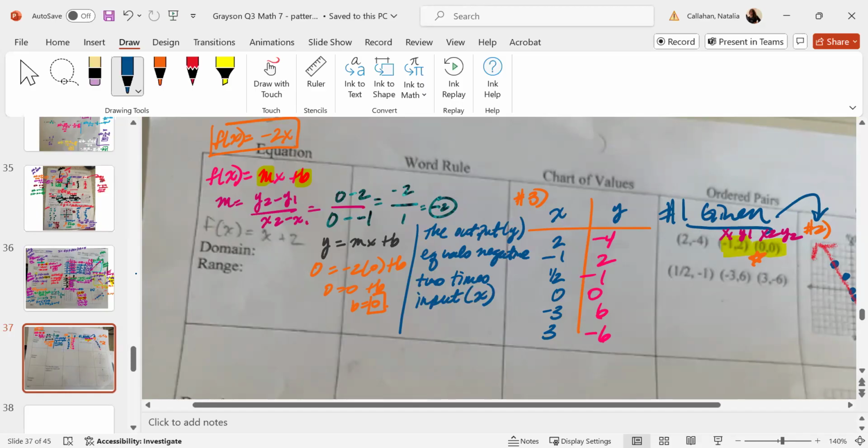Just read it. F of x is the output y, correct? Equal negative 2 times input x. You're just writing it in words. Do you see that?